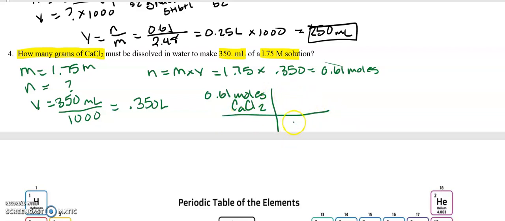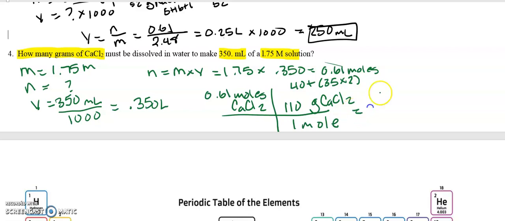Okay, and we're going to convert that value by calculating the molar mass of calcium chloride. And we're going to multiply this number by that mass. So calcium has a mass of 40, plus the mass of chlorine is 35, but there's 2 of them, so times 2. And you get 110 grams.